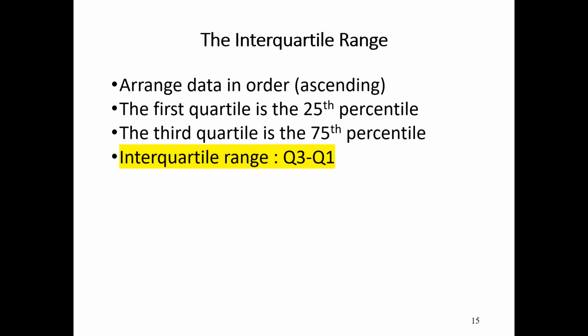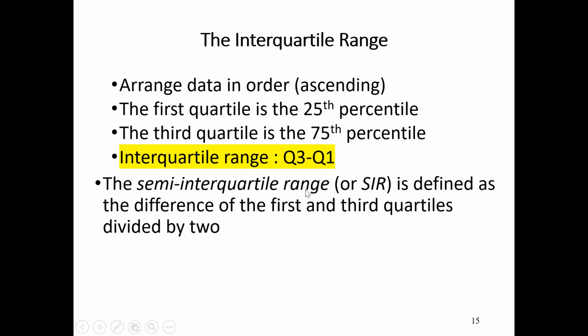The difference between this third quartile and the first quartile is what is known as the interquartile range. The first and the third, not the first and the fourth. Please remember this.